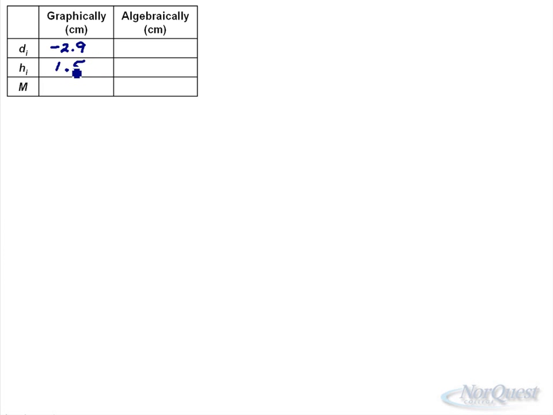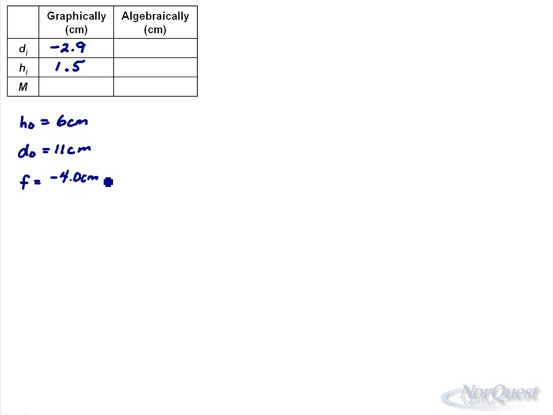Now list everything we know. The height of the object, 6 centimeters. The distance for the object, 11 centimeters. The focal point, because this is a virtual image, it will be negative 4 centimeters.